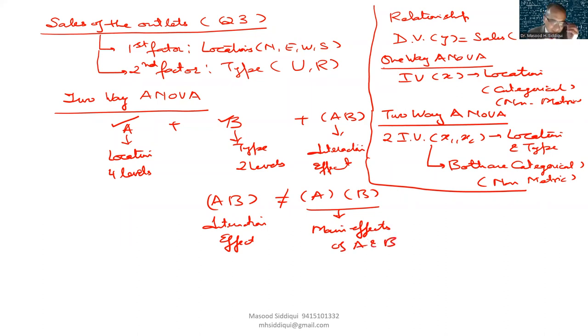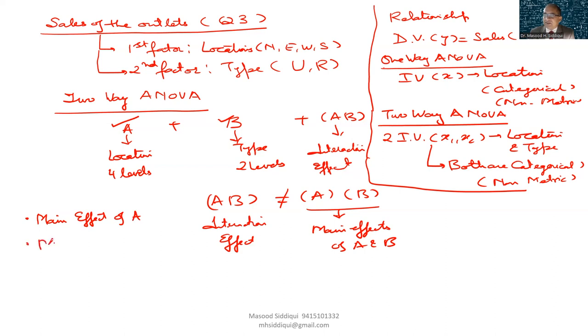Even in the medical field, sometimes two drugs given independently might not have the desired impact. But if two things are given side by side, or simultaneously, then their impact would be different from the individual impact of the two. This impact can be positive and it can be negative. So here we are examining three terms. One is the main effect of A, where A is the first factor.